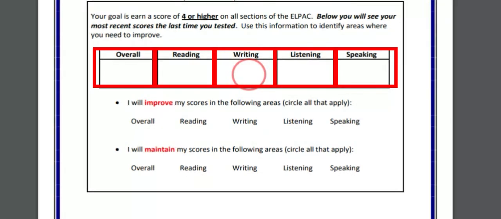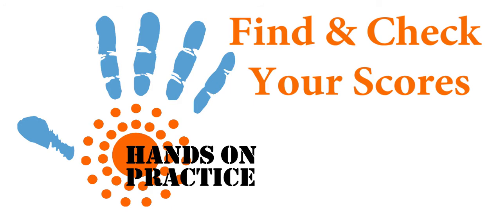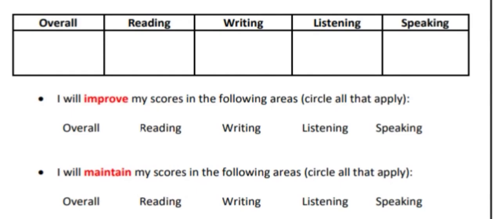Now let's take a minute and take a look at the scores that you have listed here on your sheet. I know on the screen it's blank and there's no scores, but on your individual sheet, you should see scores listed. Now let's say for overall, you see a 3 there.